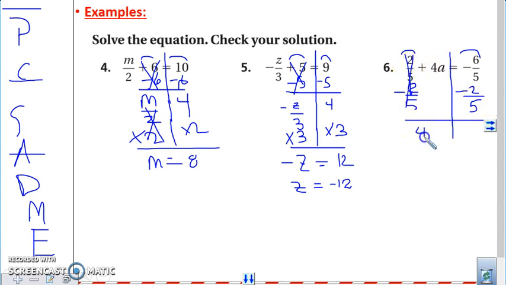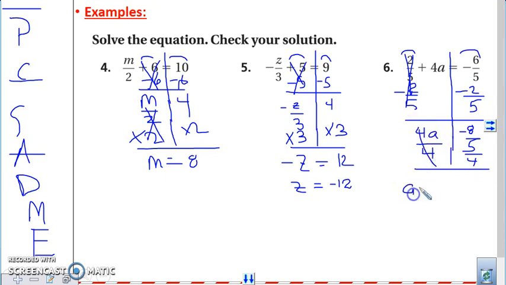Okay, we took this away. Now we have 4a equals negative 6/5 minus 2/5, which is negative 8/5. I'm going to leave this improper for now. Divide by 4, undoing the multiplication.